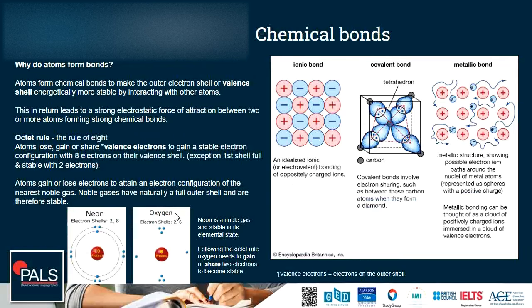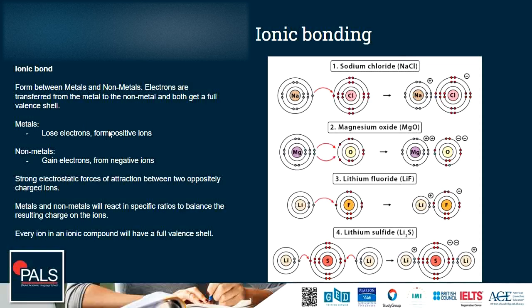And if we lose something that is negative, that means the atom itself now forms a positive ion because it has more positive protons than it has negative electrons.